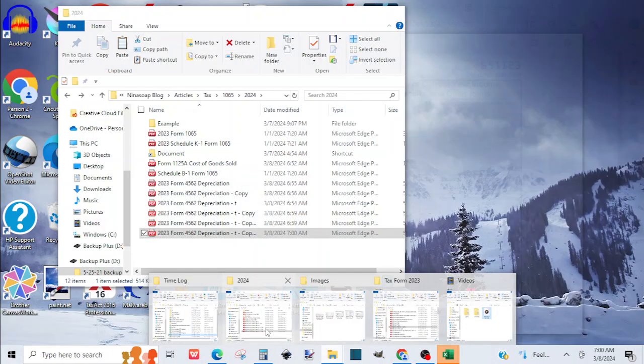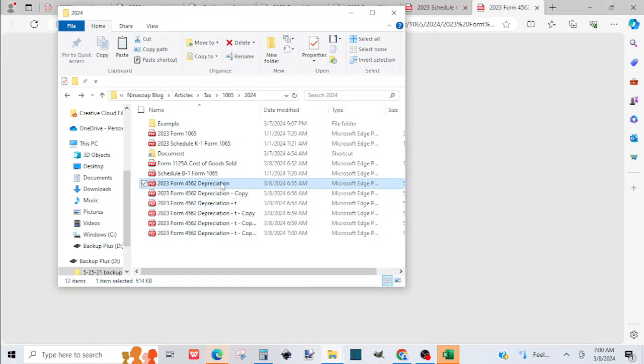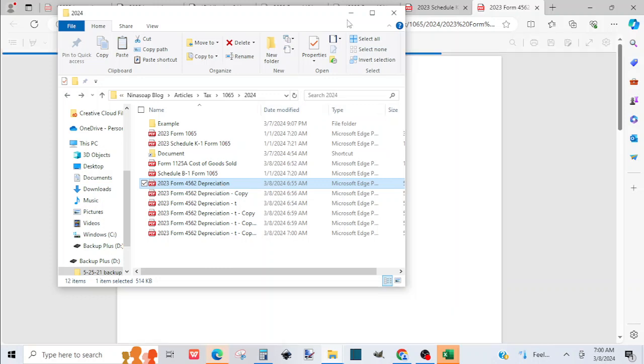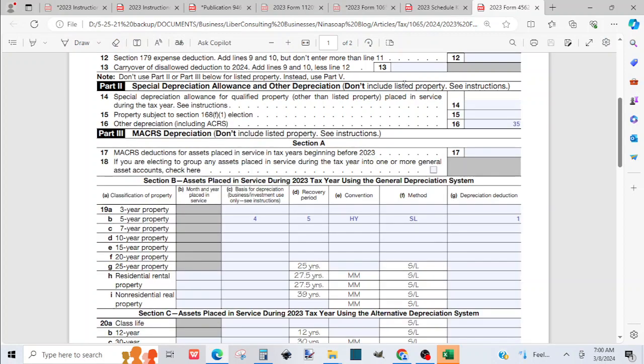Now we will go to the original one. We have line 16 for the intangible assets other than 197 intangible.